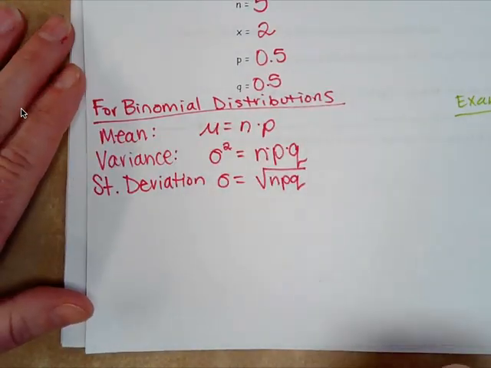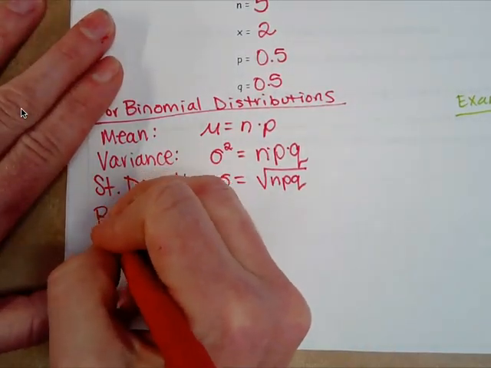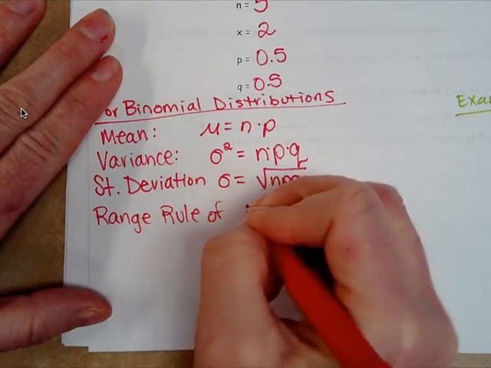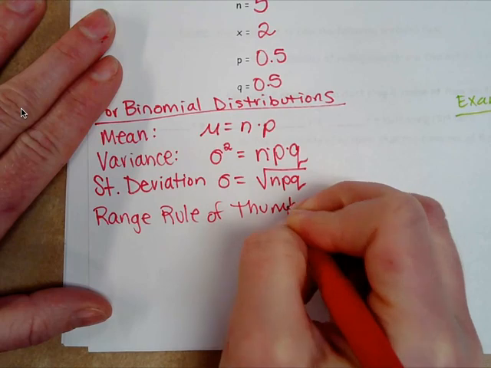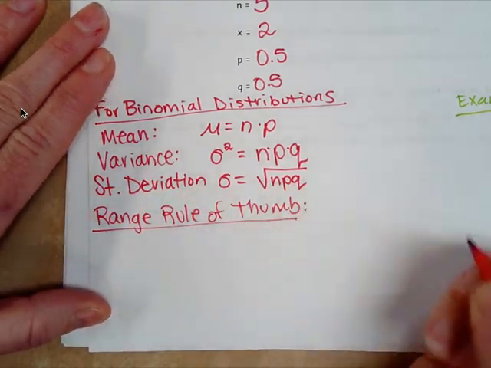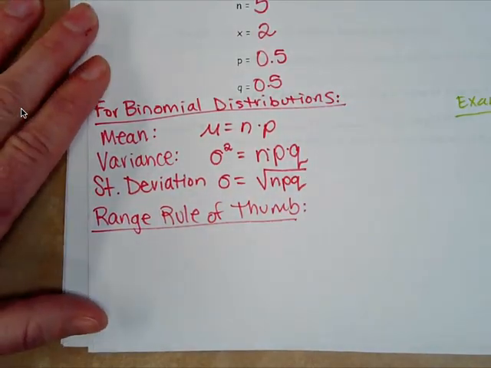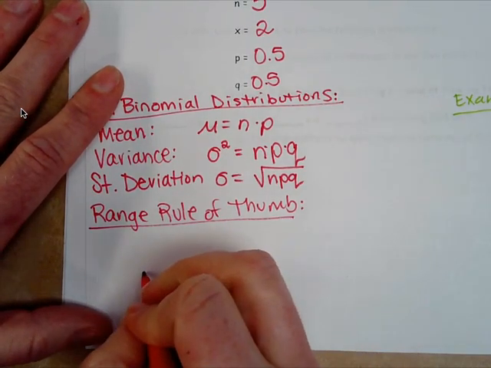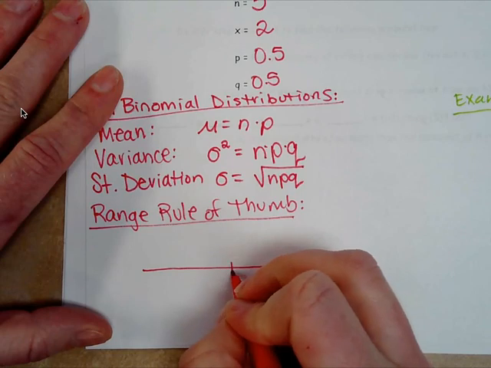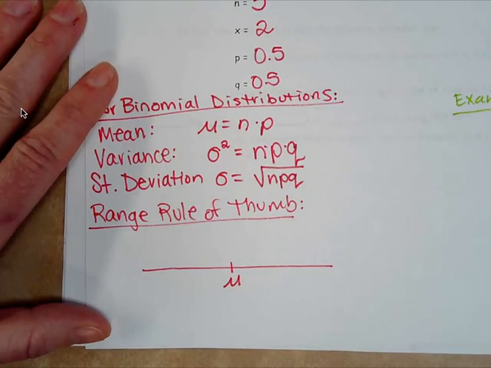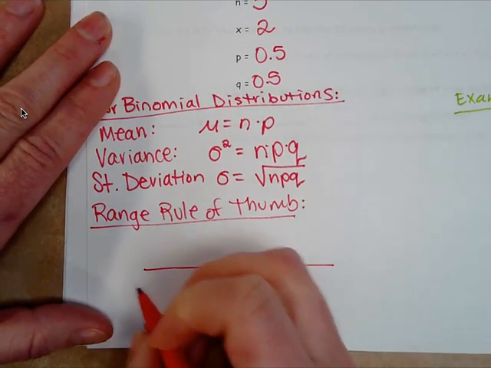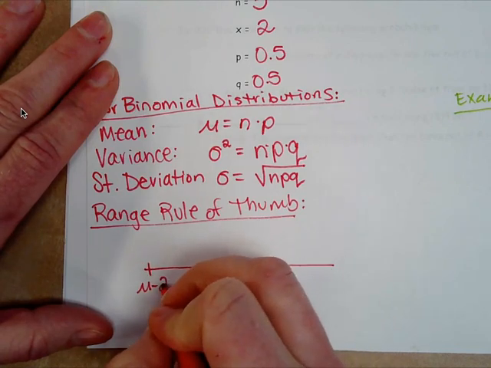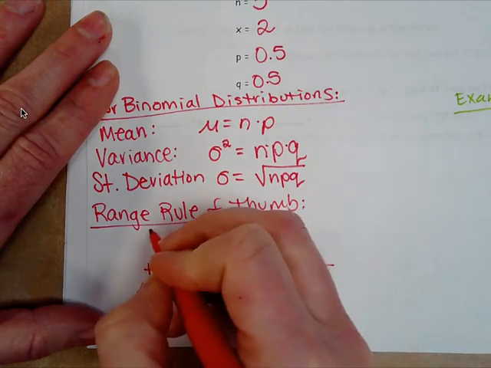We are also going to use the range rule of thumb to find your unusually high and unusually low values. Your range rule of thumb is, we've set up this number line a couple of times where you have mu in the middle. Unusually low values are where you take mu and subtract 2 times your standard deviation.